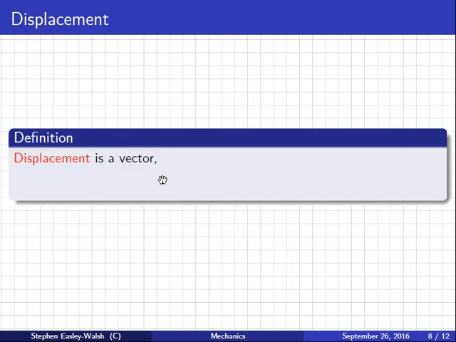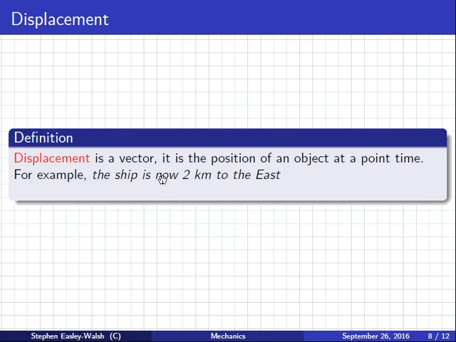Right, so we talked about displacement. Displacement is a vector. It's the position of an object at a point in time. For example, the ship is 2 kilometers to the east, or the man is 3 kilometers to the east of his home. These are all displacements. So, another displacement. He is 1 meter in front of me.